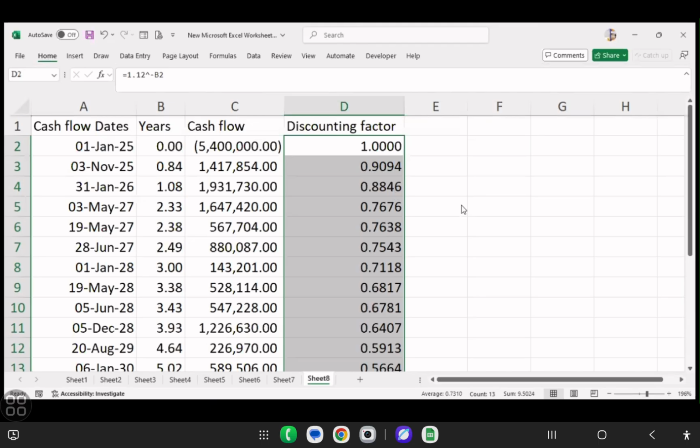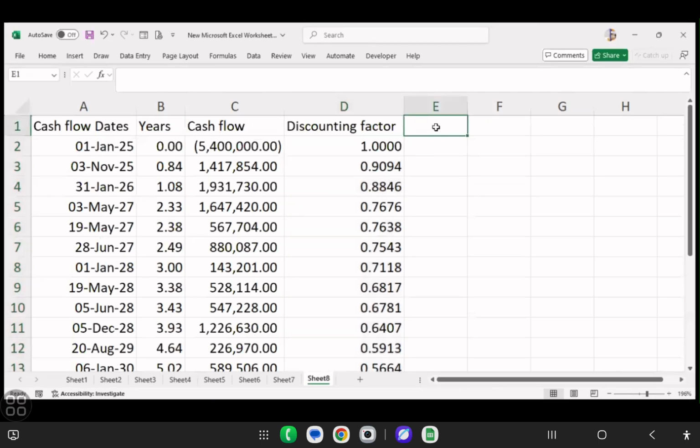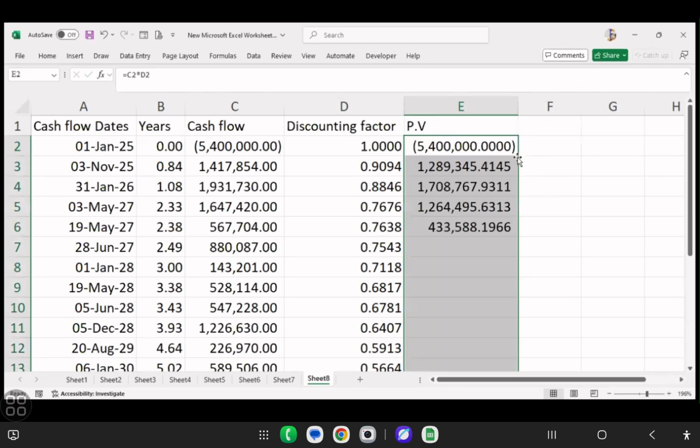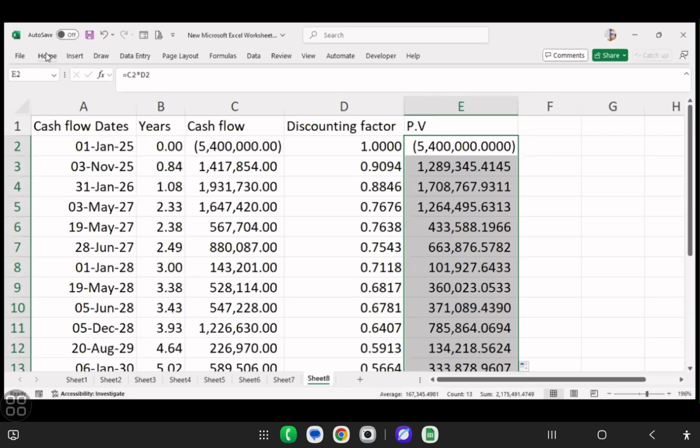So if I want to get the PV, I'll say that this is equal to the cash flow multiplied by the discounting factor, and when I bring them down, 5.4 million, then I bring them down. I will give this one 2 decimal places so that it stops looking so strange.